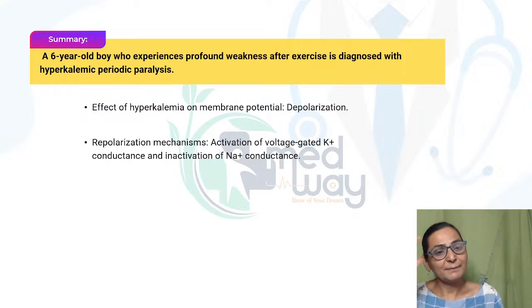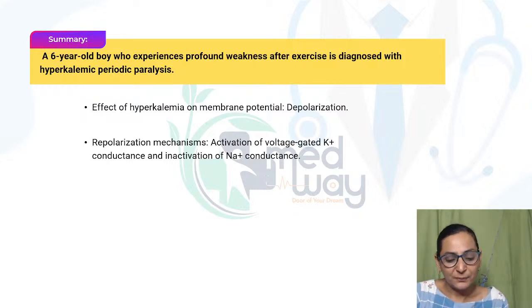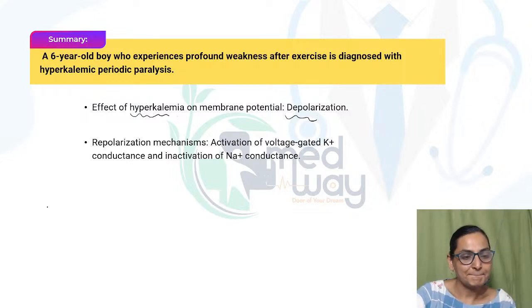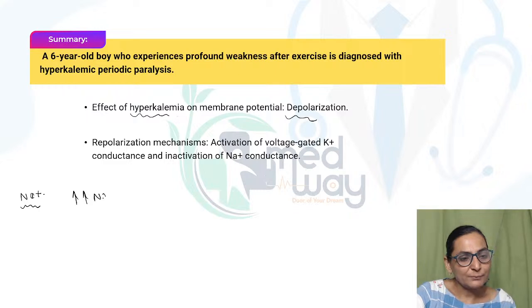Now, remember what question we studied. I showed you a history where we started with hyperkalemic periodic paralysis and what is the effect of hyperkalemia on membrane potential. So hyperkalemia causes depolarization. Now suppose we consider both ions. Suppose there is sodium and you increase the sodium concentration.